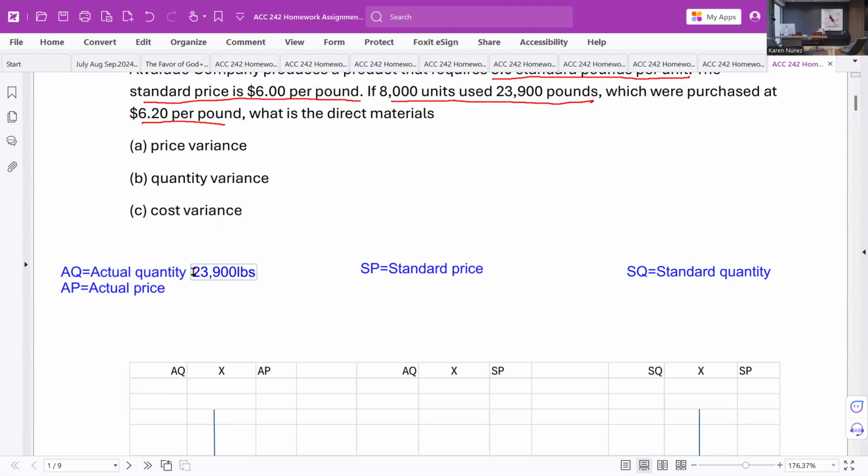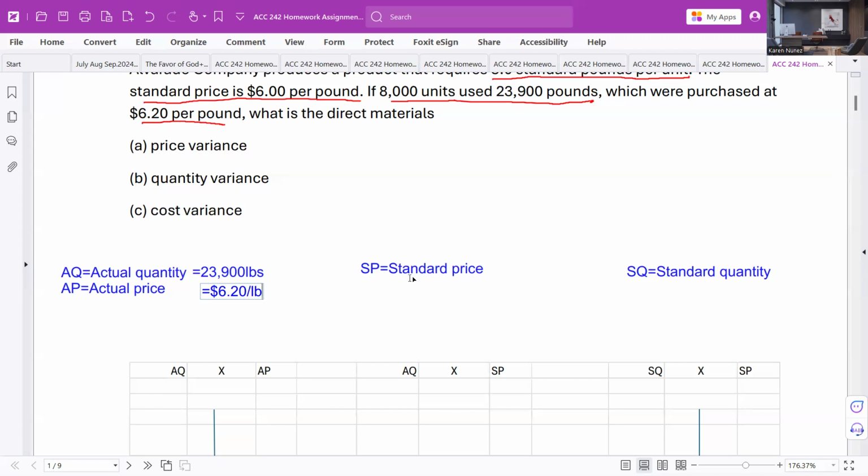And the actual price that they paid is $6.20 per pound.